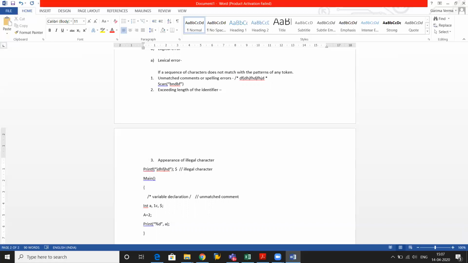So that is why for 1C you will get an error, unidentified symbol, right? And similarly, this is also an unidentified symbol. So that is why in both identifiers you will get an error. So what is the error? The error is illegal character or unidentified symbol.